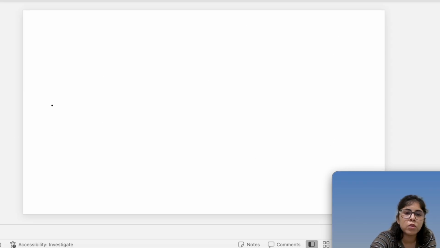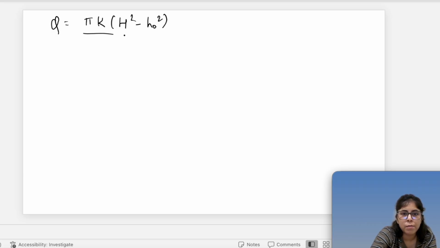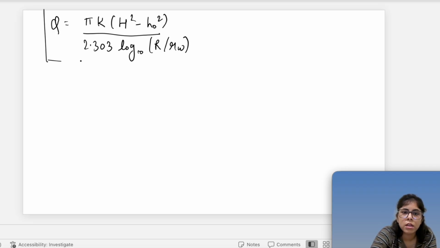If I want to change the ln to log 10, finally I can say Q is nothing but pi k into h square minus h naught square upon 2.303 log 10 of R upon rw. So this is Dupuit's formula.